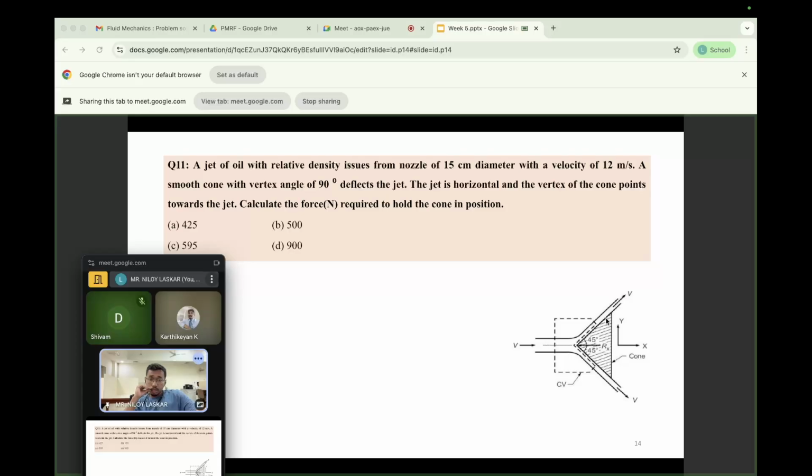There is a cone shape arrangement. The objective is that the cone should be placed in this path in such a way that this jet shouldn't move this cone. Because of this cone, the velocity is deflected at a 90-degree angle. Our objective is to keep this cone fixed in this position. So what is the force that we need to give to this cone in order to fulfill this? That is the concept here.